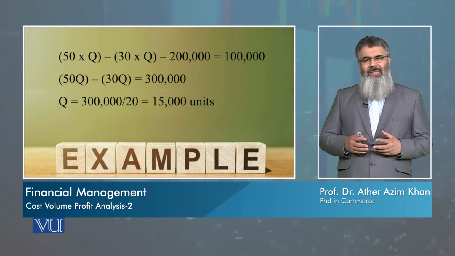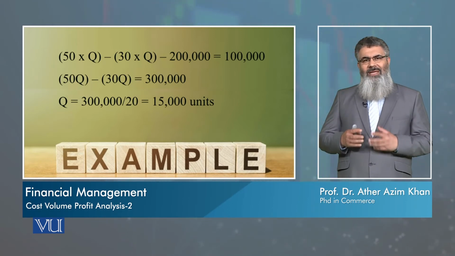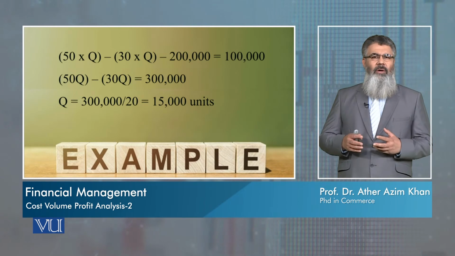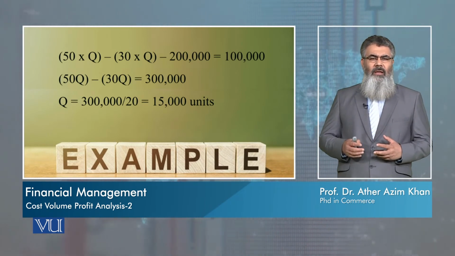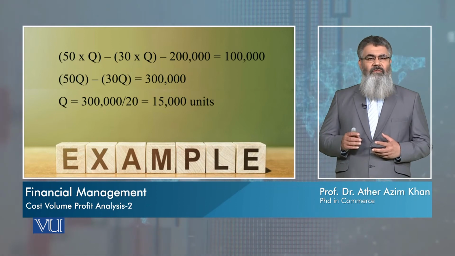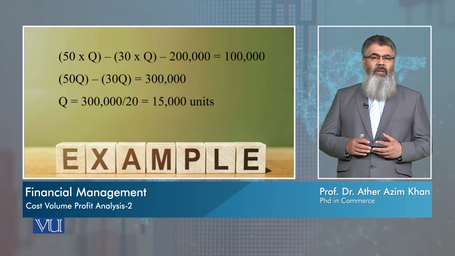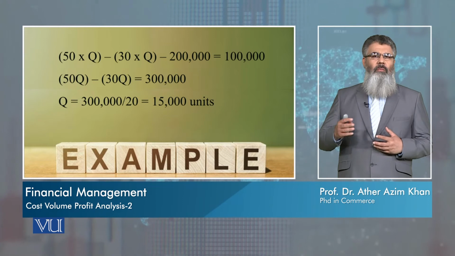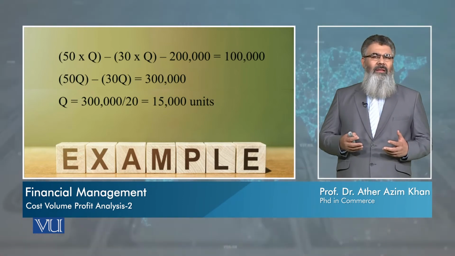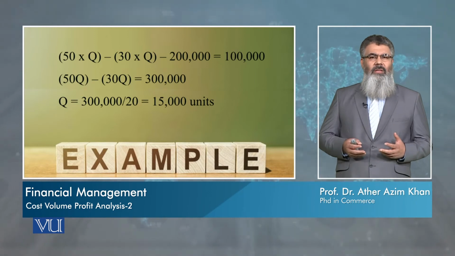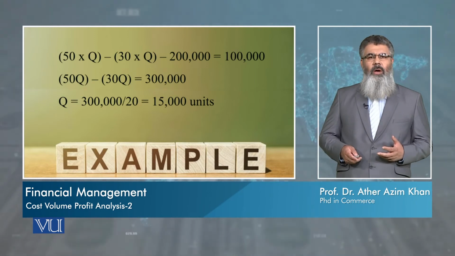So this means that if these are the values of selling price, variable cost, fixed cost, and the profit which is targeted, we need to sell 15,000 units. This means that if we want to earn more profit, we can change the value of profit and then see what will be the quantity that will be required.